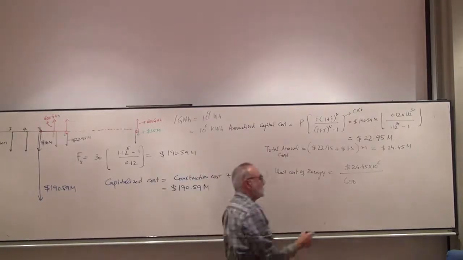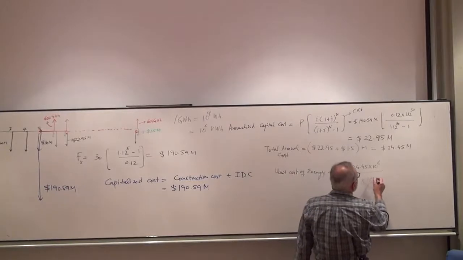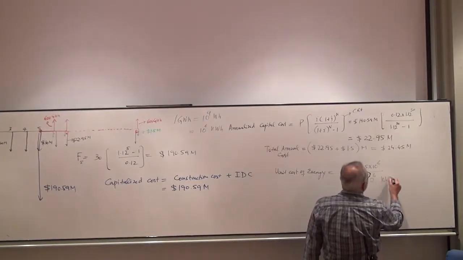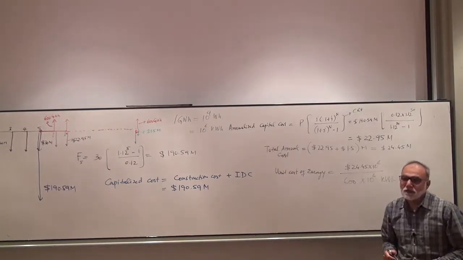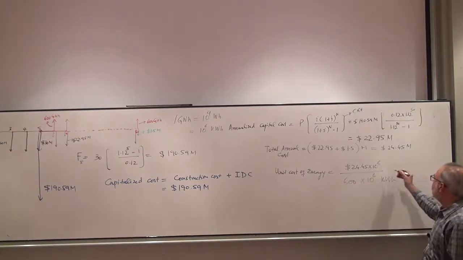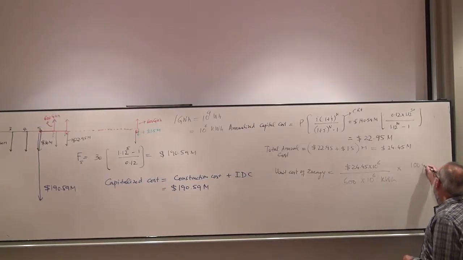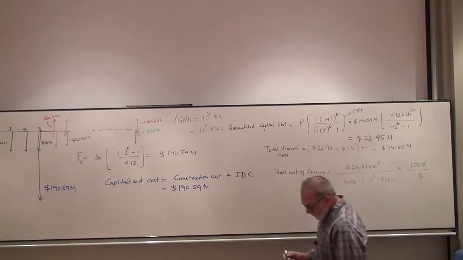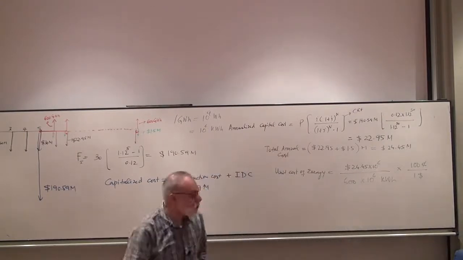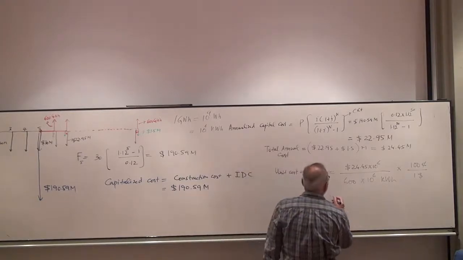Since we have dollars, we may like to see the cost in cents per kilowatt hour, so we multiply by 100 cents divided by $1.